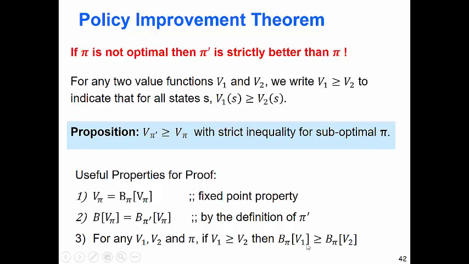If in the future I'm going to get something better over here than over here, well, this is going to be a better value than this one over here. So any questions about these properties? Because these are the only properties you need for the proof.